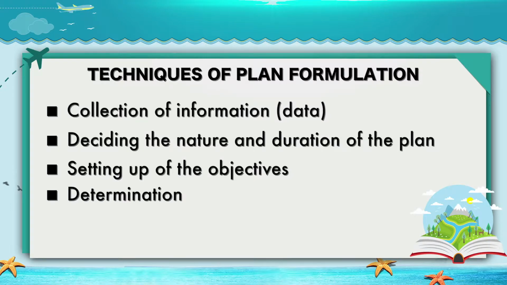Determination of growth rate. While framing the plan, the planner has to determine the growth rate, for example, at what rate the economy will grow through this time interval. The planner and policy maker decide that at least it should maintain the per capita income level of the country.